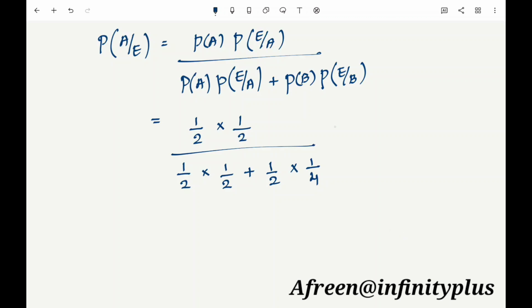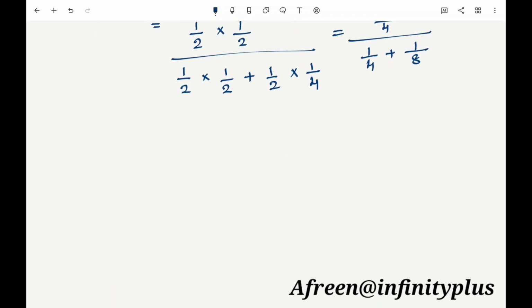Now simplify in order to get the answer. 1 by 2 into 1 by 2 is 1 by 4, whole divided by 1 by 4 plus 1 by 8. So take out the LCM, 8 is the LCM. You will get 2 plus 1, so 1 by 4 whole divided by 3 by 8.